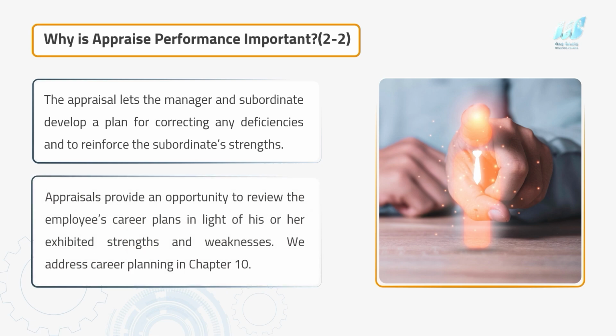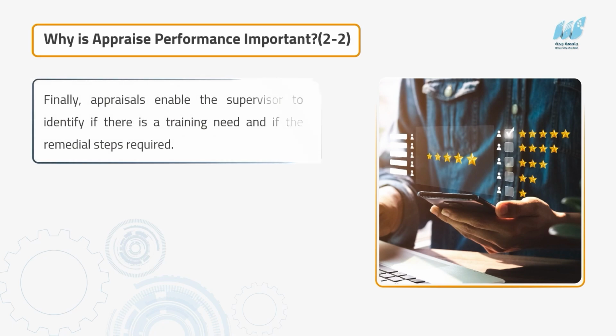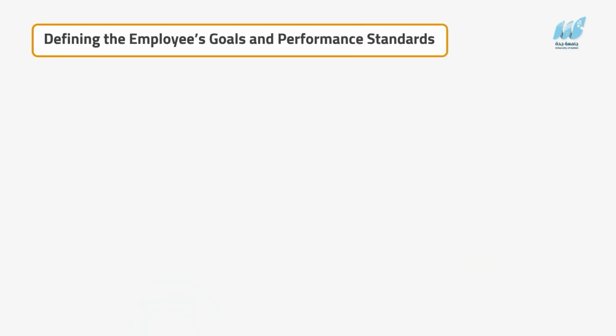Appraisals provide an opportunity to review the employee's career plans in light of his or her exhibited strengths and weaknesses. We address career planning in Chapter 10. Finally, appraisals enable the supervisor to identify if there is a training need and if remedial steps are required, defining the employee's goals and performance standards.